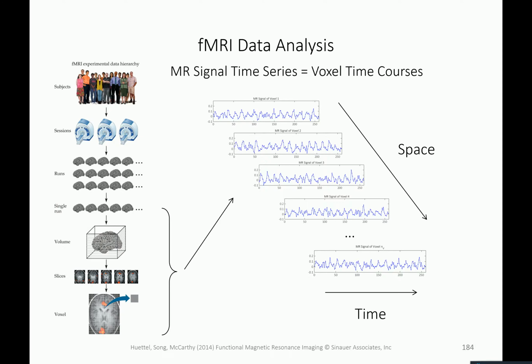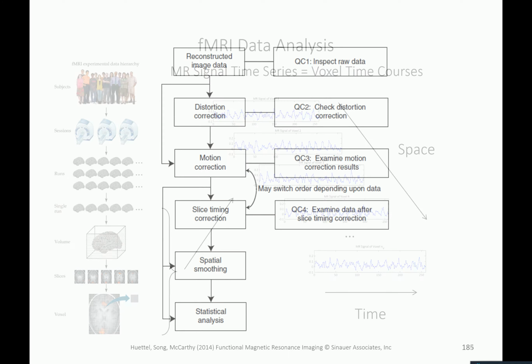There are also what is called 4D files now, which are a little bit more compact, so that you have the 3D spatial data times the 1D temporal data in one file. This is where things start, voxel time courses.